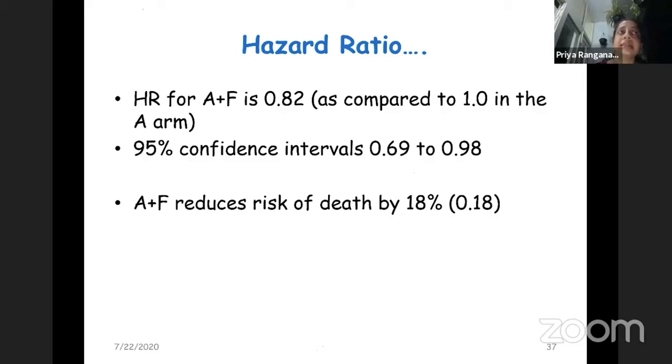When I tell you that the hazard ratio is 0.82, what it means is that the combination reduces the risk of death by 18% because 1 minus 0.82 is 0.18, which is 18%. So in this study, the use of combination therapy has reduced the hazard, has reduced the risk of death by 18%, which is significant, right?